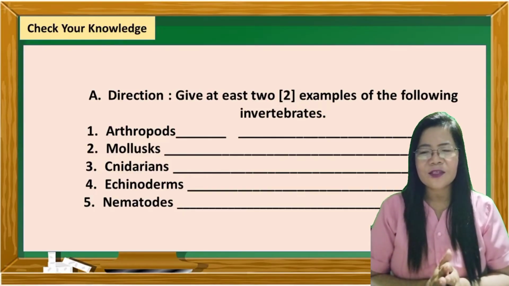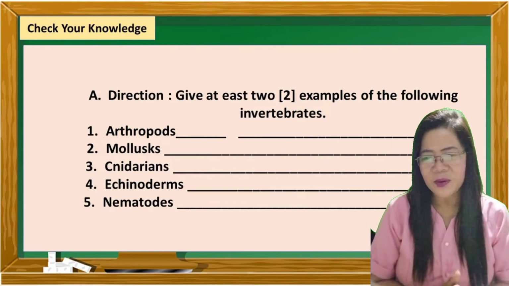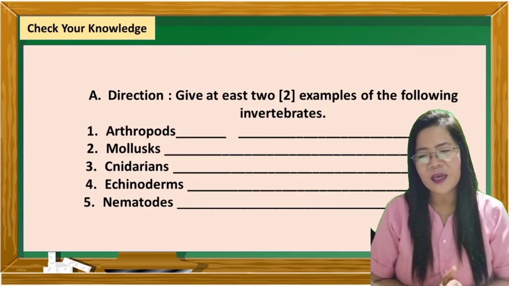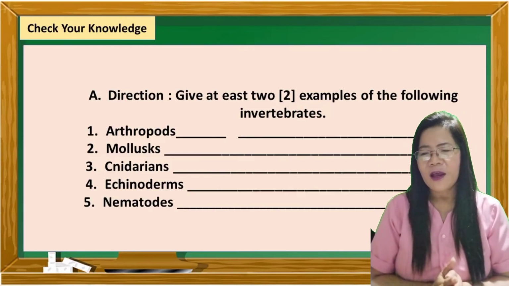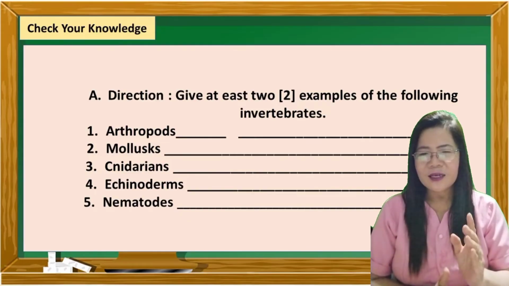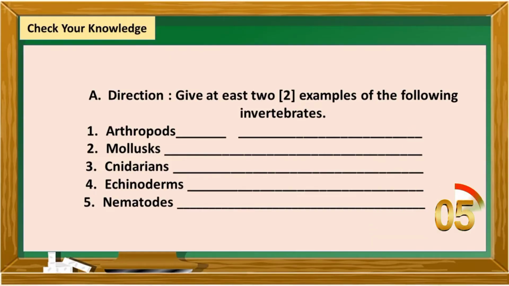Give at least 2 examples of the following invertebrates. Number 1, arthropods. Number 2, mollusks. Number 3, cnidarians. Number 4, echinoderms. Number 5, nematodes. You are given 5 seconds to answer. Go!